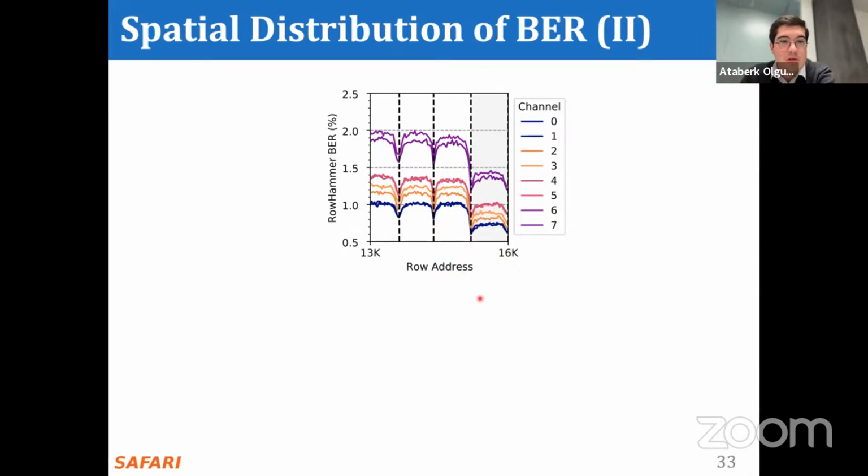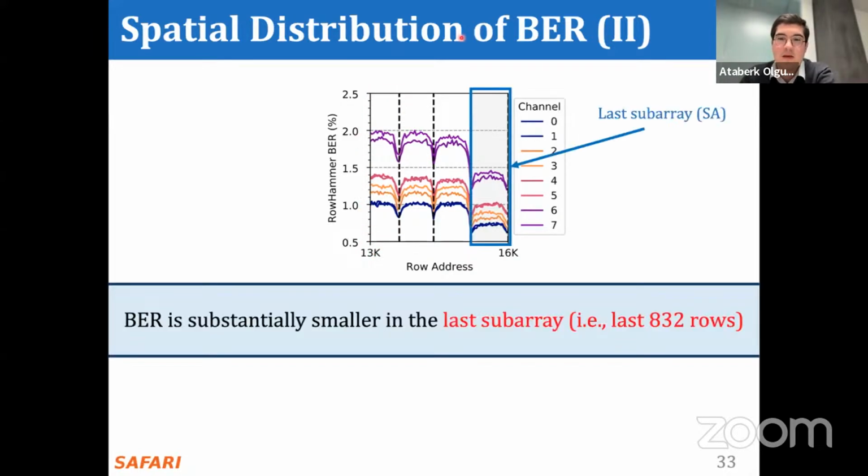Because we show only the last 3000 rows here, the first subarray on the left is not complete. It's cut off. We observe that the bit error rate is substantially smaller in the last 3000 rows that I highlight here, and this corresponds to the last subarray.